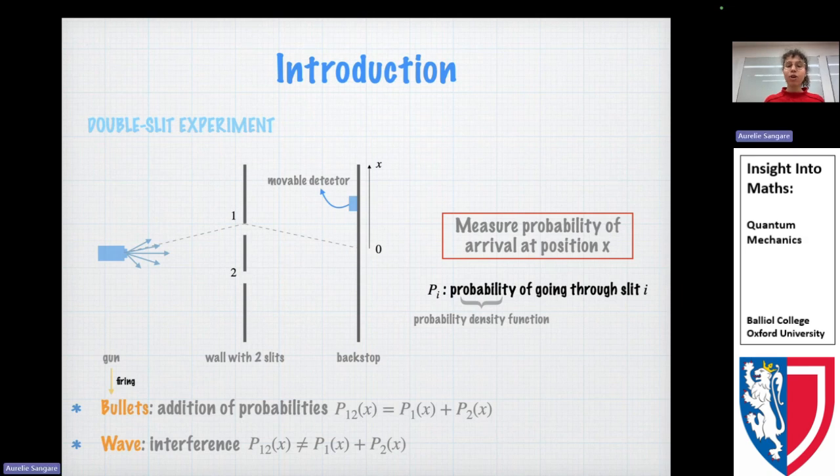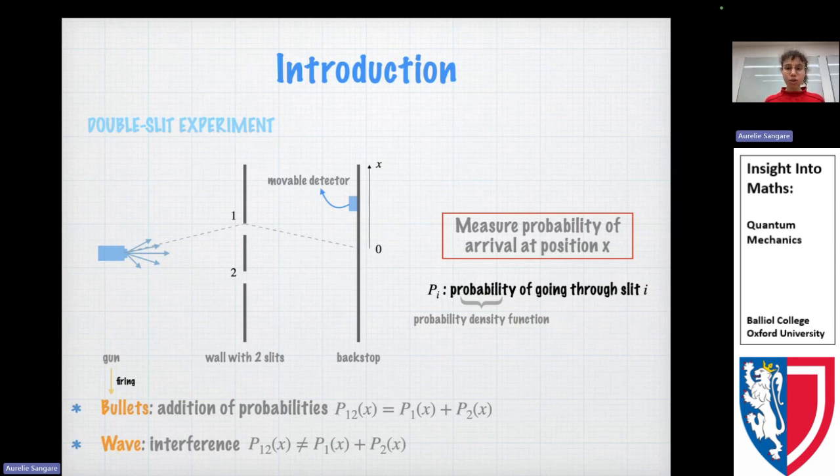And on this backstop, you have a movable detector, which can detect the position of the objects that arrive on the backstop. More precisely, it measures the position x, and we take x = 0 to be in between the two slits, and then x increases upwards.